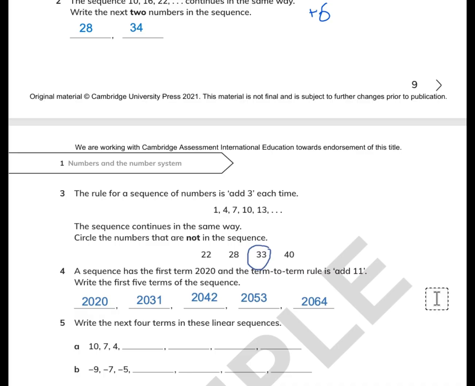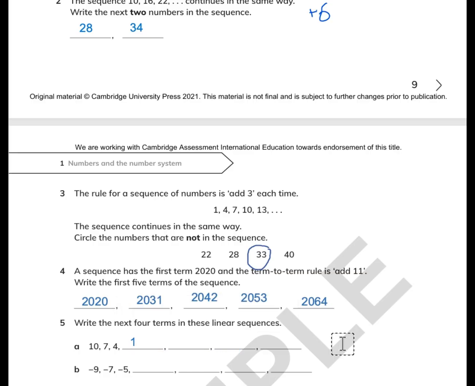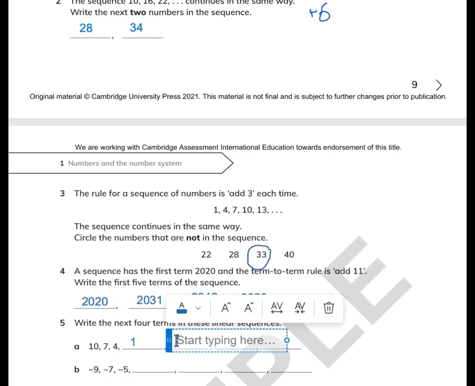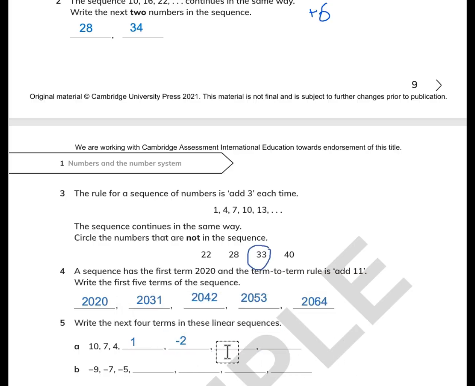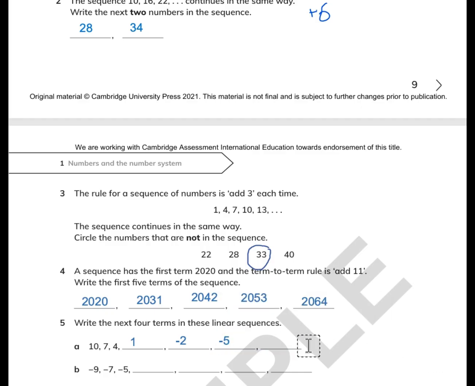Next, write the next 4 terms in these linear sequences. The first one has a term to term rule of minus 3. So it will have 1, minus 2, minus 5, minus 8.